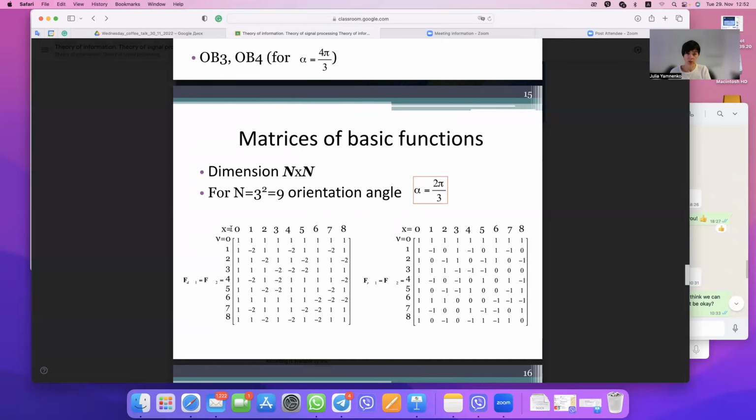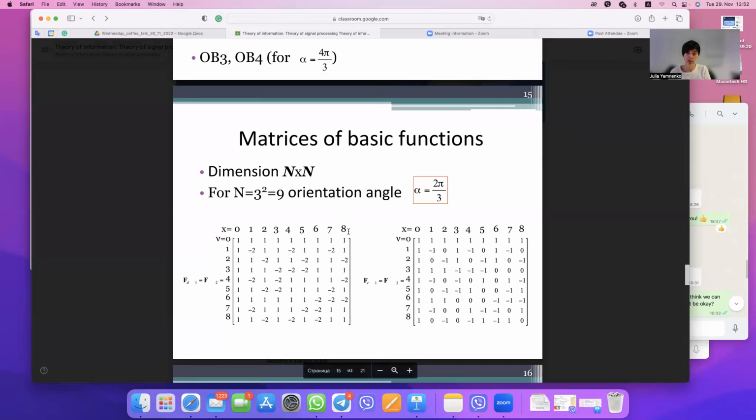The numeration of the vertical columns will correspond to the variable x that takes values from 0 till 8, totally 9 numbers, and the numeration of the horizontal axis will correspond to the variable nu that takes values from 0 till 8, totally 9 values also.